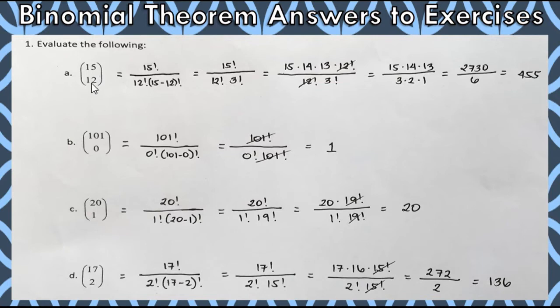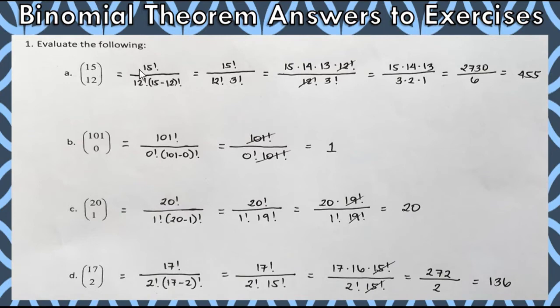So, the formula from our discussion last time is N factorial over R factorial times N minus R factorial. This form is a binomial coefficient, which we get when we solve a binomial to the power of something using binomial theorem.